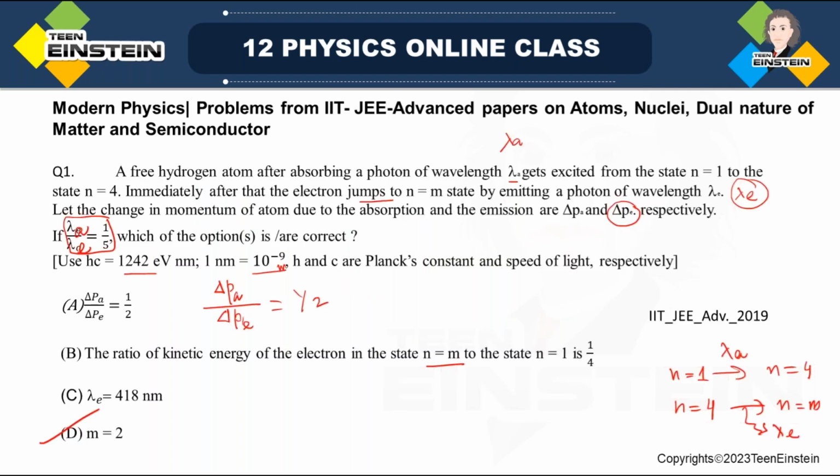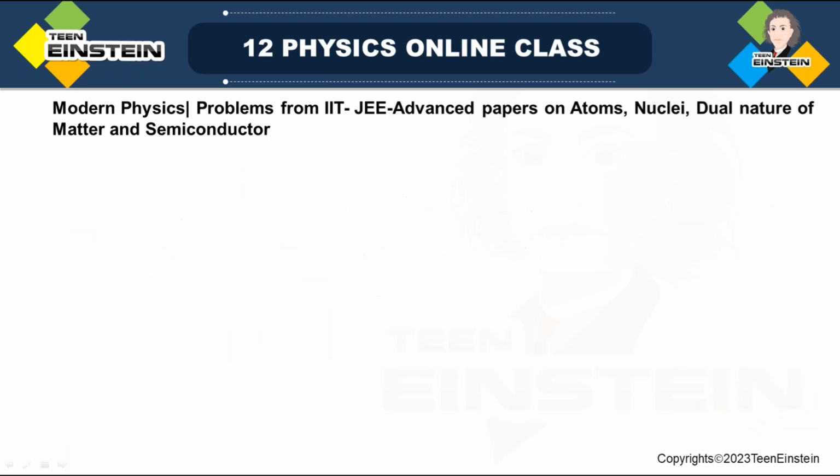So this is the emission. Emission is happening from 4 to 2. In this way also we can do. Let me find out first the change in the energy.